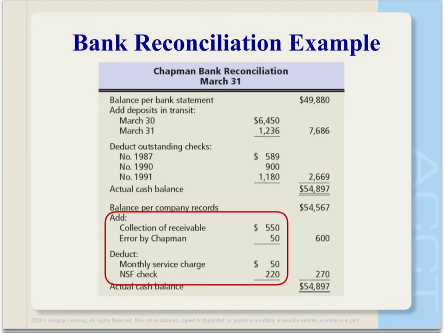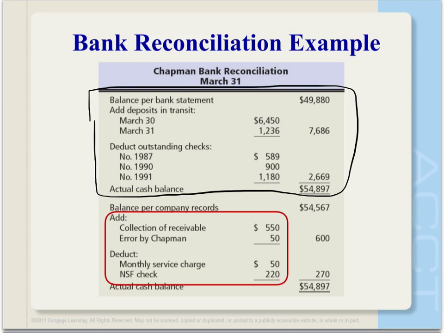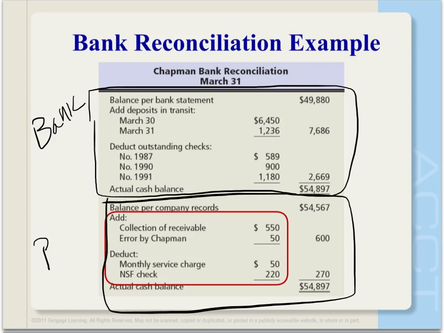So what you're going to see on the slide here is an example of a bank reconciliation. What you have on the top is the bank part. What you have on the bottom is the book. Now, when I do this, I am going to do them side by side. I like to see them side by side. You can do them whichever fits.